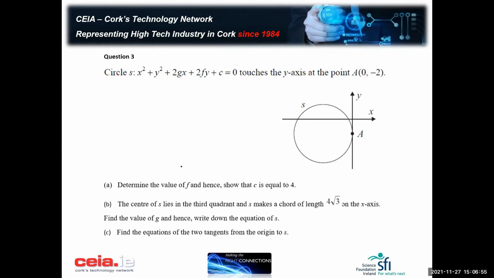So part A, determine the value of f and show that c is equal to 4. So determine the value of f, and show that the value of c is 4. What I like about these particular questions is when he's telling you to show that something is equal to 4 or equal to an actual number, it's a sort of guide in a way.